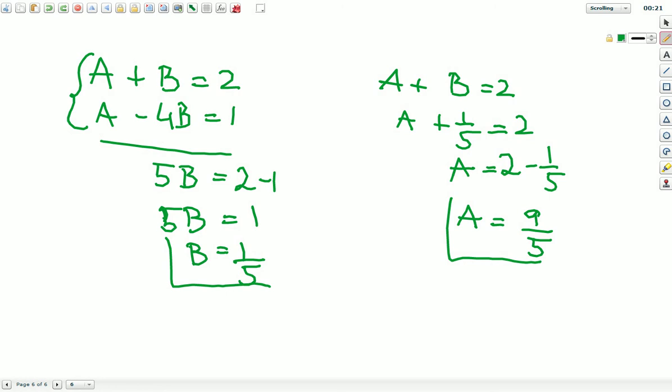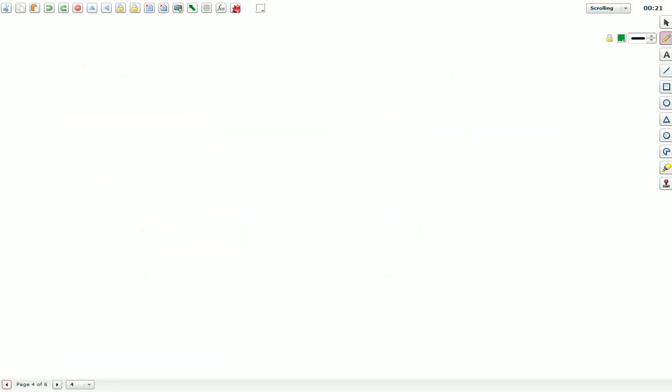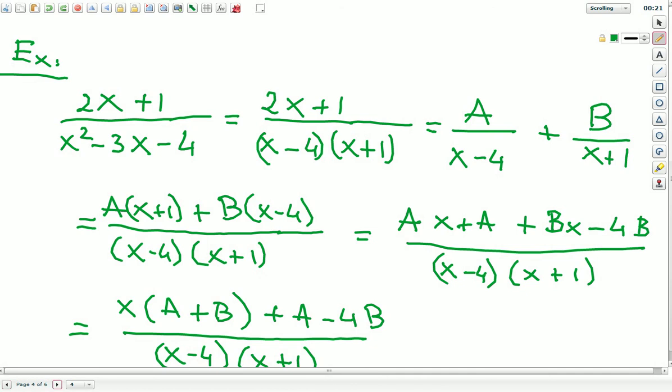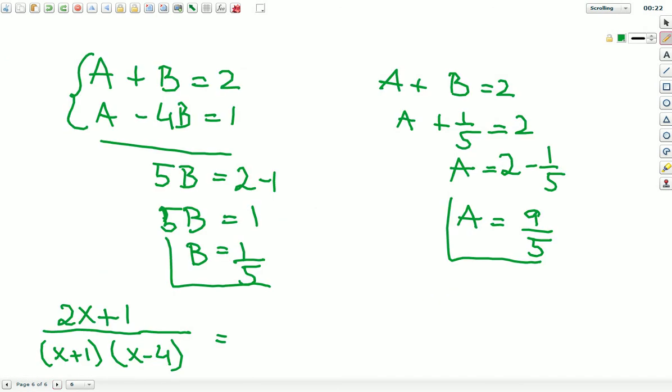Okay, so what are these a and b again? Well, apparently what we have just found is the following. If we start out with the fraction 2x plus 1 over x plus 1 times x minus 4, then we can rewrite this as the sum of two fractions. Let me make sure I plug in a and b for the right part. We said a was the numerator of the x minus 4 part of the fraction.